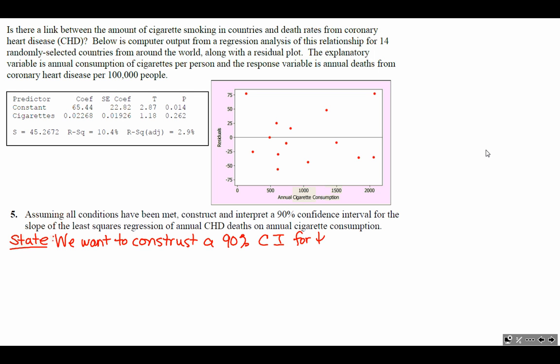I mean, you literally are just plagiarizing what they're saying. For the slope of the entire regression line of annual CHD deaths on annual cigarette consumption.